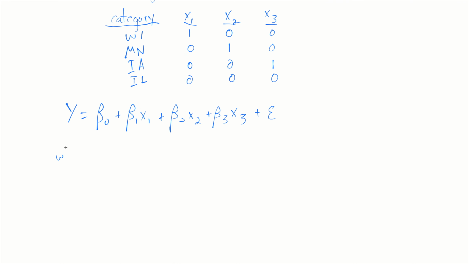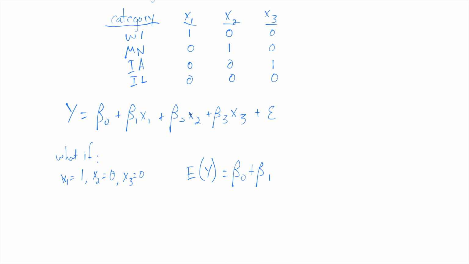What if we have the scenario where x1 equals 1, x2 equals 0, and x3 equals 0? Well, what's the expectation for y? We have beta naught plus beta 1 times 1, because x1 here is a 1, so that would be beta 1.